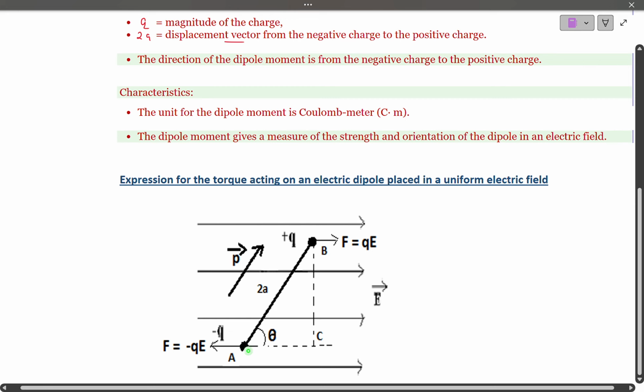We can say at the positions A and B, two equal and opposite forces act. And this vector P is the direction of dipole moment, always from negative charge to positive charge. This represents dipole moment P, and this E represents our uniform electric field. Hope it's clear to you.